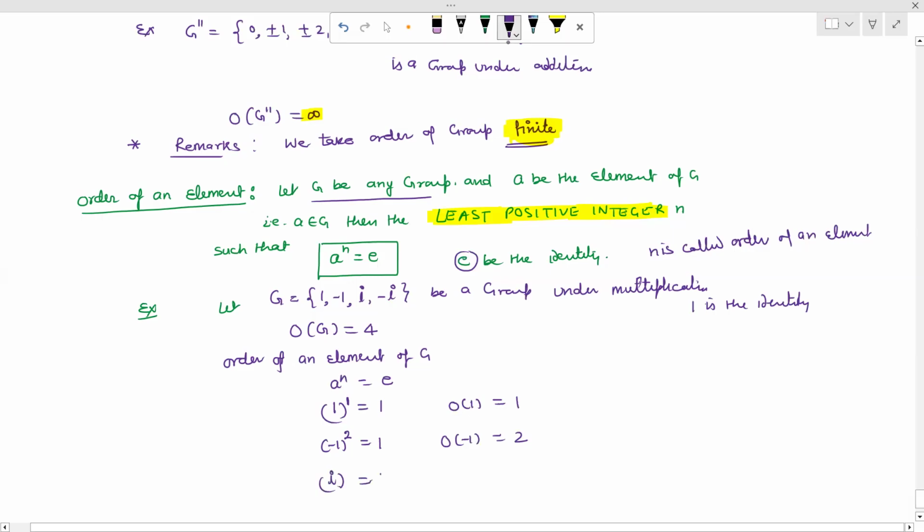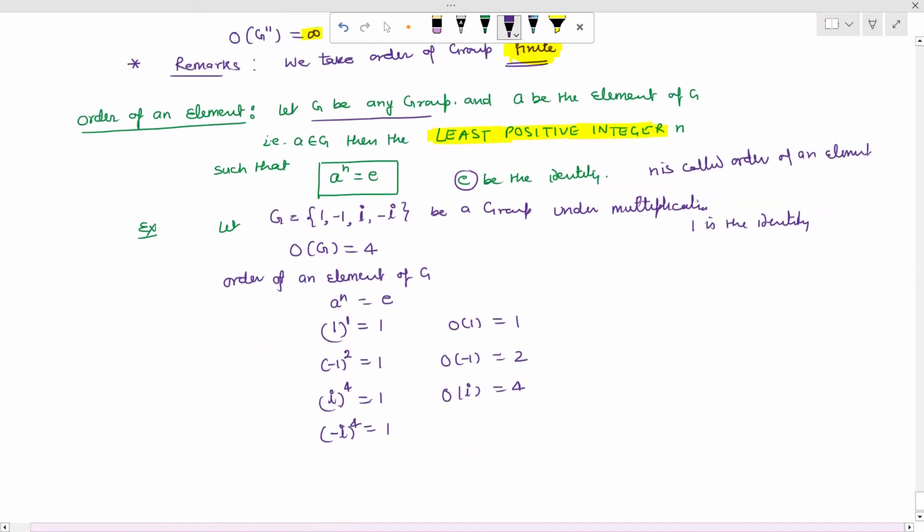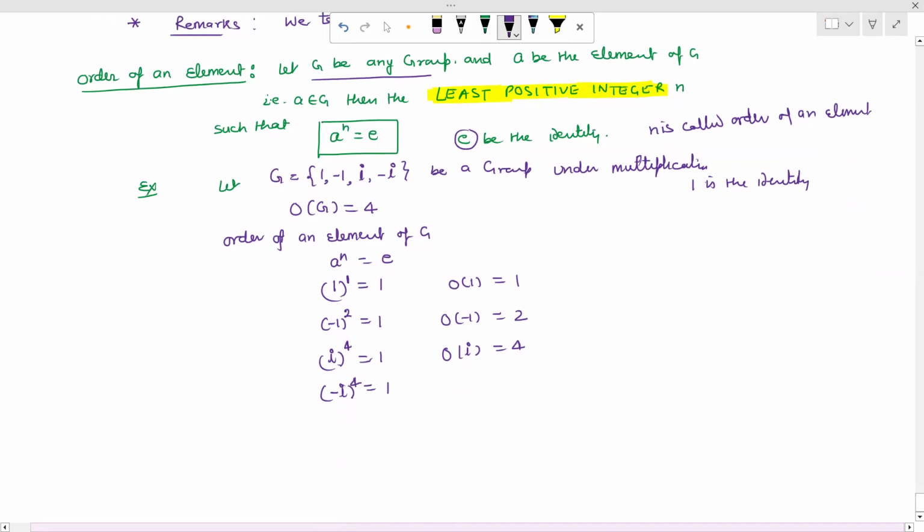The least power of iota that makes 1, the identity: i squared equals minus 1, so i raised to the power 4 equals 1. So the order of iota is 4. What is the order of minus iota? It also gives us 1 at power 4, so the order of minus iota is also 4.